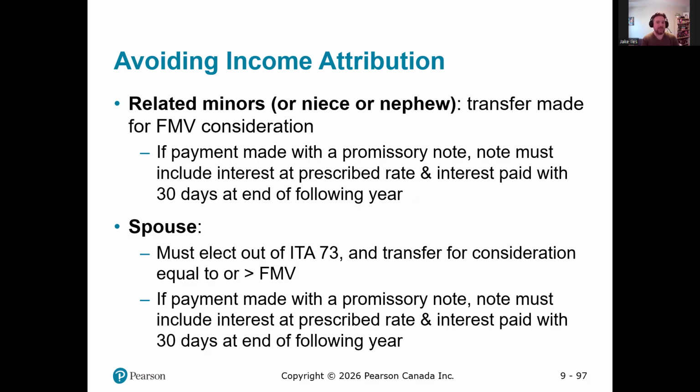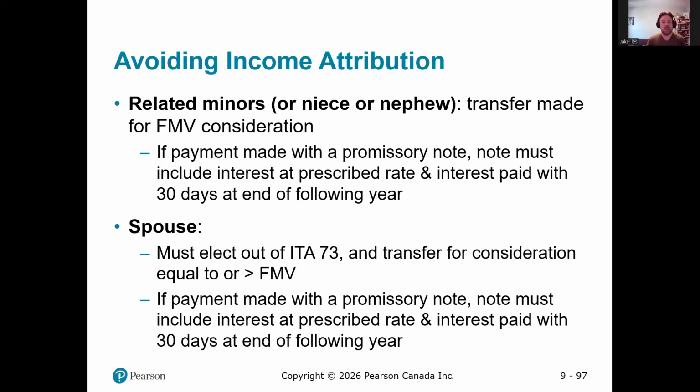But they might not have the money. So what we can do is I can say, here's the shares for now of $100,000, and you're going to owe me the money. It's a loan. There's a promissory note in place. The government says, well, until they've given you the money, it's still in your hands. It's still from you. So the income's yours.